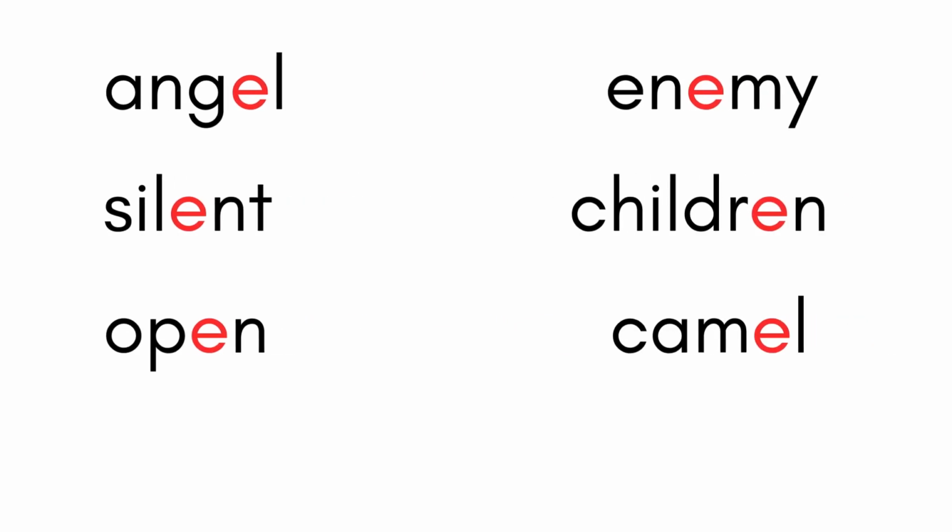Next, let's see the schwa sounds of E letter. Let's see some words. Angel, angel. The letters I have given in red color got schwa sound. Silent, silent.